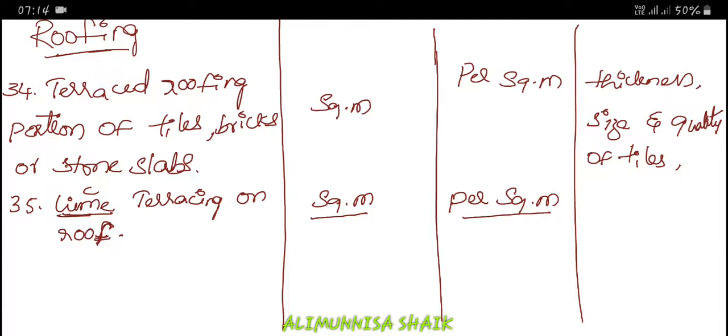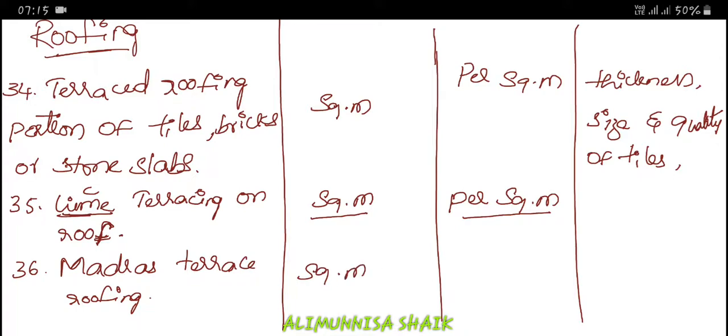The next item of work we are having is Madras terrace roofing. This is our next item of work and this is also calculated in square meters and unit rate is fixed per square meter.